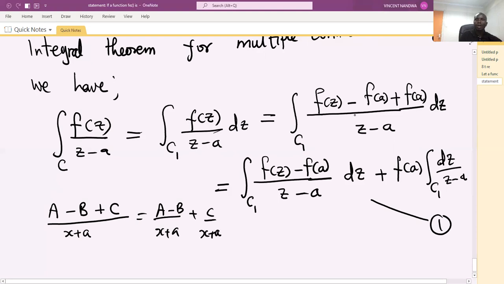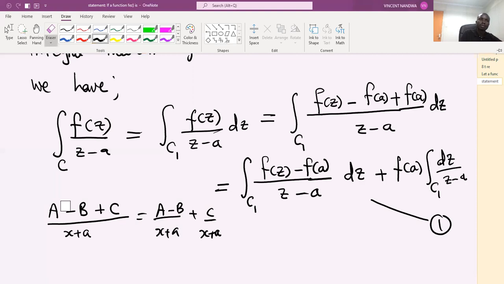So this is how I have split this numerator into two parts, f of z minus f of a with the denominator, and then f of a. Since this doesn't have a z, it is just a constant, that's why I factored it out of the integral sign, leaving dz over the denominator, z minus a. Let's call that equation 1.